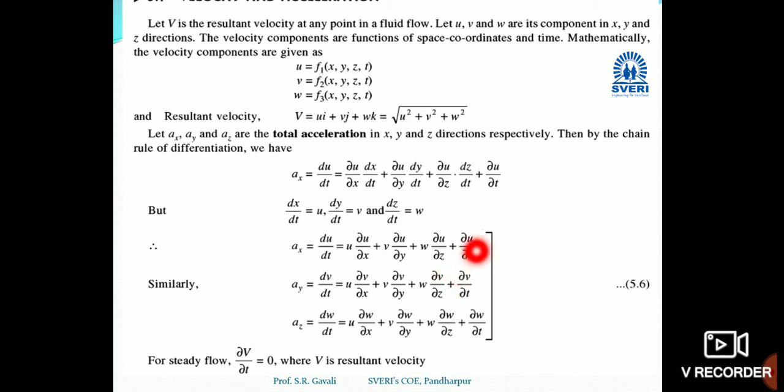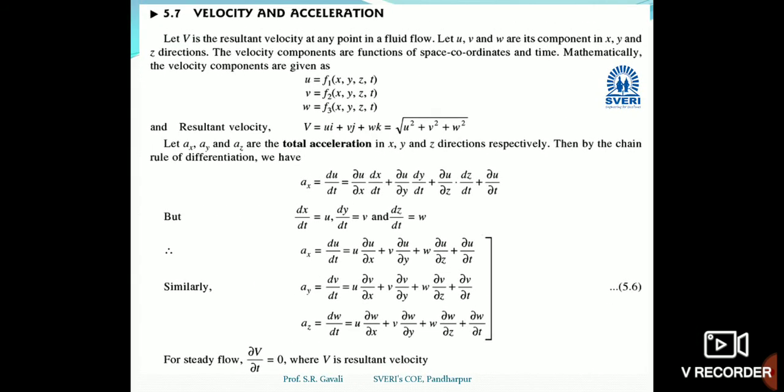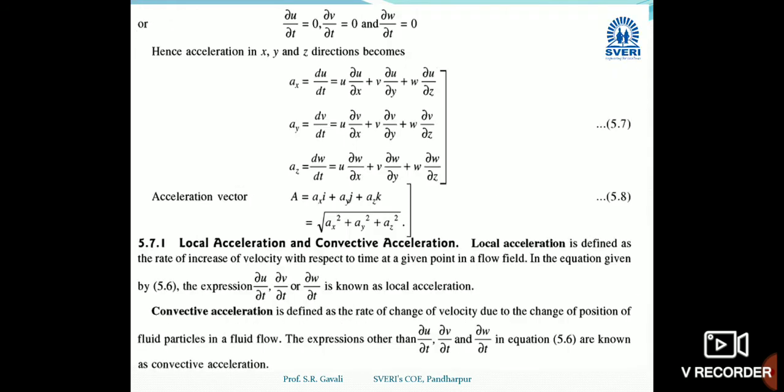For steady flow, ∂u/∂t, ∂v/∂t and ∂w/∂t will become 0. The acceleration vector is a = axi + ayj + azk, and the resultant is the square root of ax² + ay² + az².